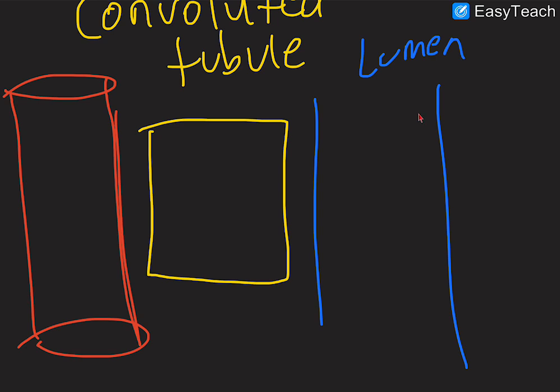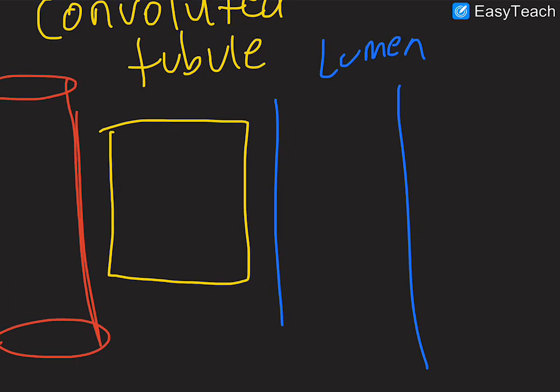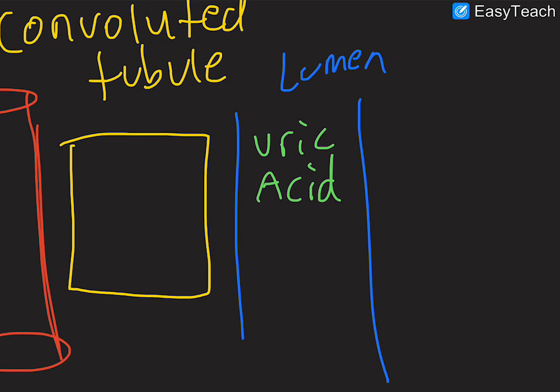So let's say you have uric acid in your filtrate on this side, and we'll go over renal physiology in a separate playlist. But for now, let's say we have uric acid in our filtrate going down our lumen.